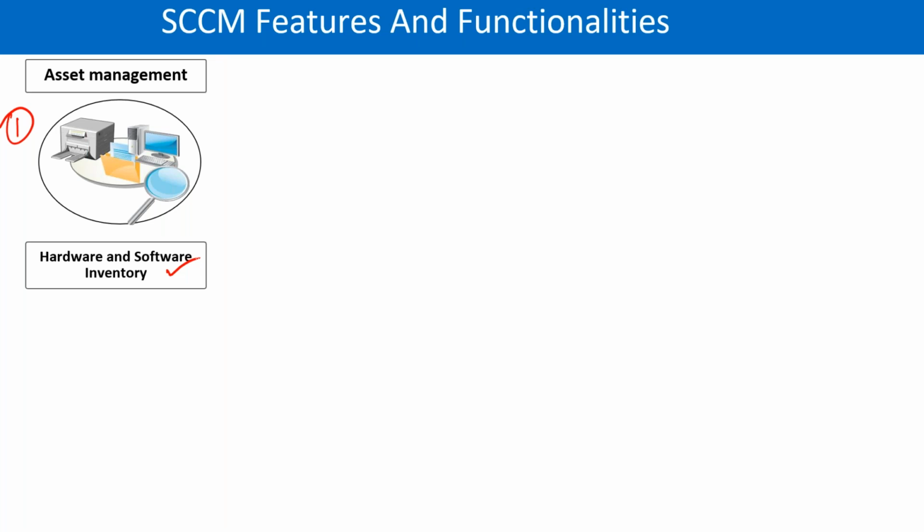Suppose there are 5,000 or 10,000 computers and you would like to get the hardware and software inventory of those products, you can get it through this. You can do asset intelligence, another kind of inventory, plus license management, plus categorization of software. Asset intelligence is very useful in SCCM.